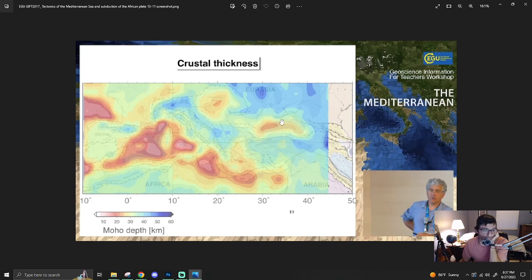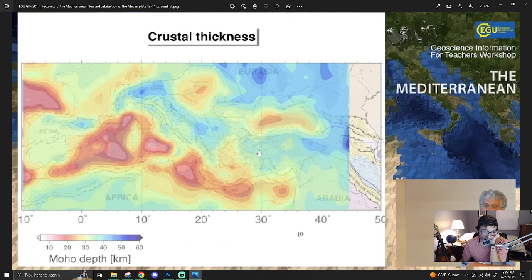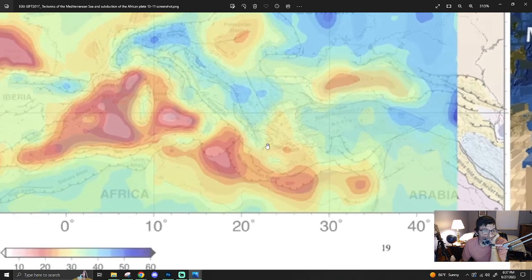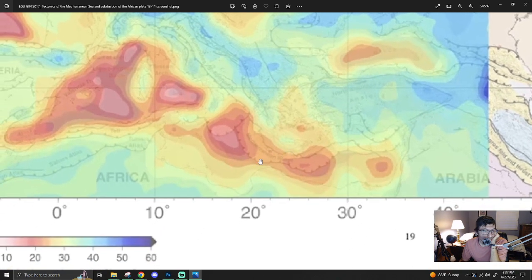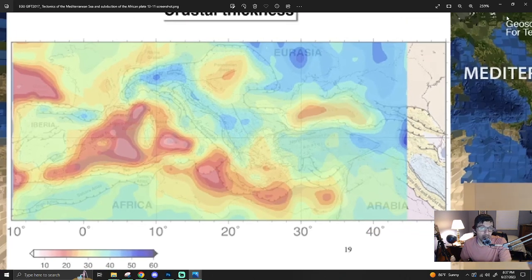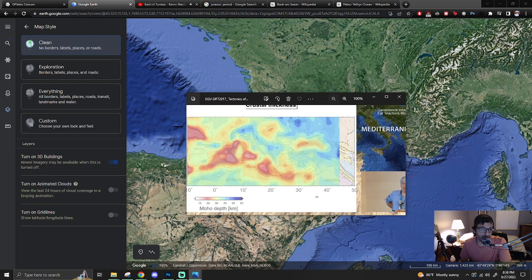So crustal thickness is pretty hard to see. Here's Africa. It's pretty hard to see exactly. I'm trying to see exactly. Let's pull up.